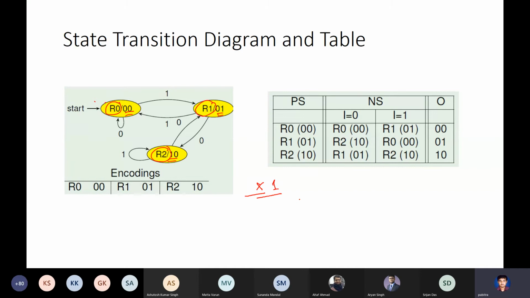Can anybody tell me why this happens? If you look at the formula for binary representation, why does this happen? Just a quick one-line explanation.